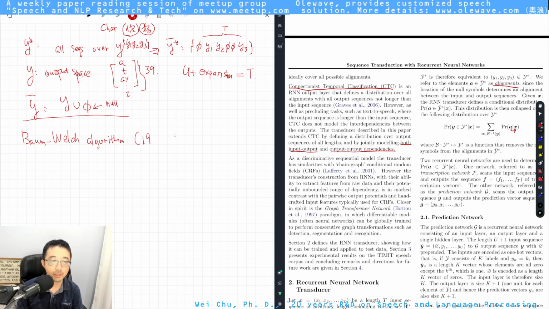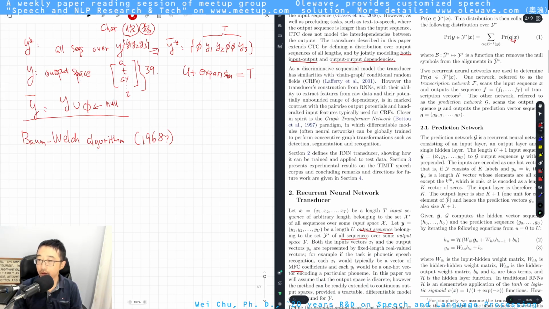Back in 1960, correct me if I'm wrong, maybe 68 or 60 something, about 60 years ago, they came up with a way of summing all the possible probabilities from this alignment in a fast and computable way.